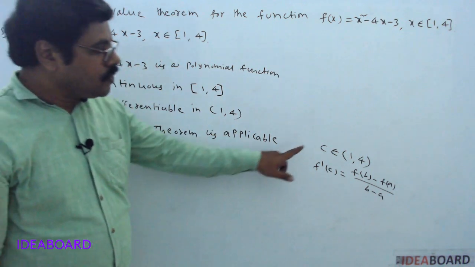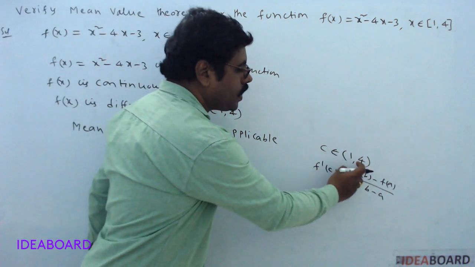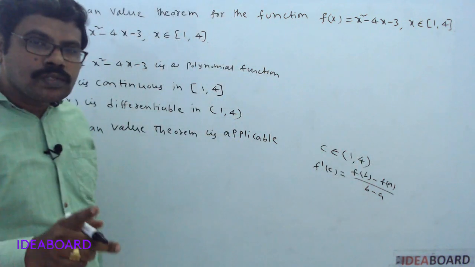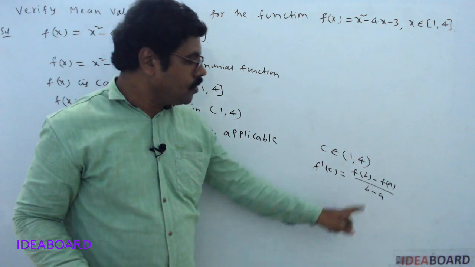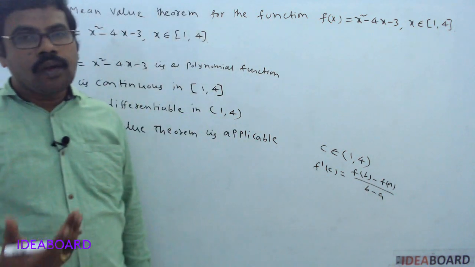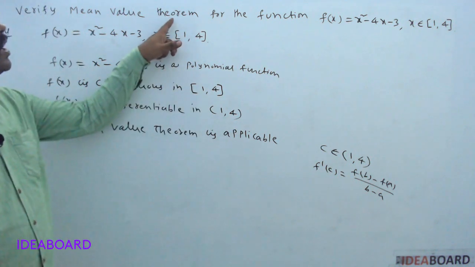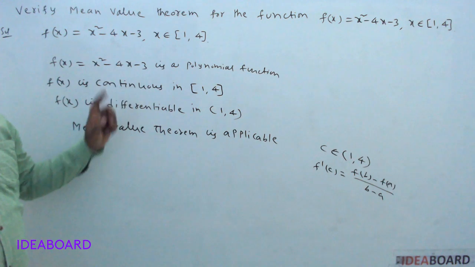If you find a value of c belonging to the open interval 1 comma 4 which satisfies this condition, we say that the mean value theorem is verified for the given function f of x.